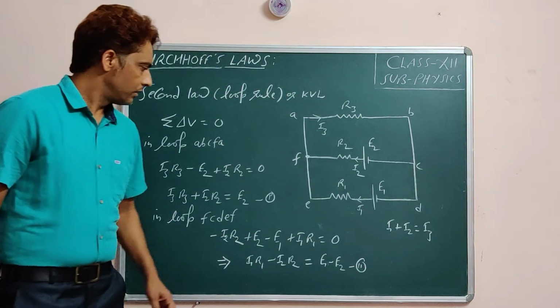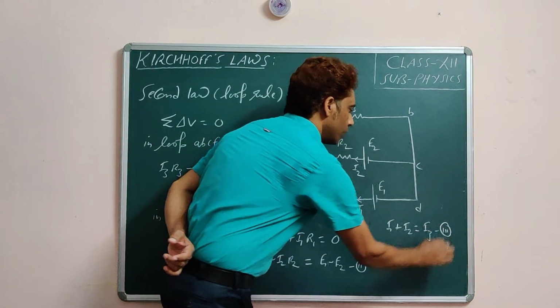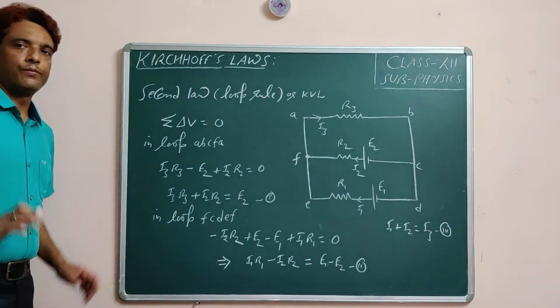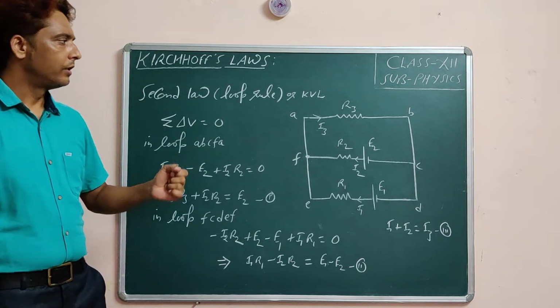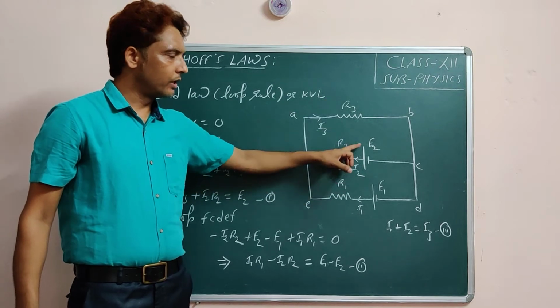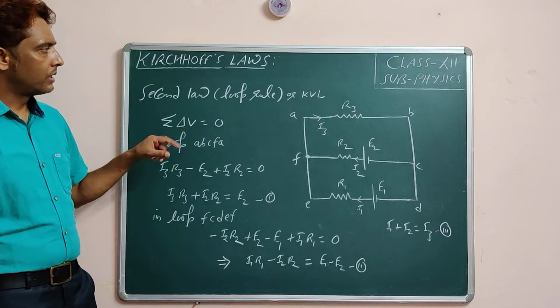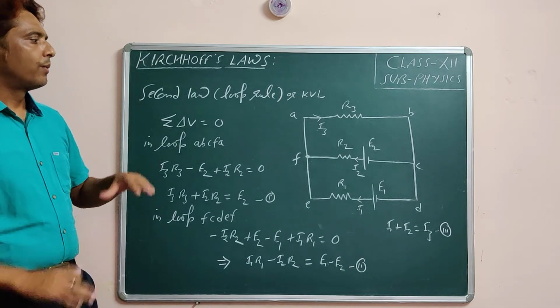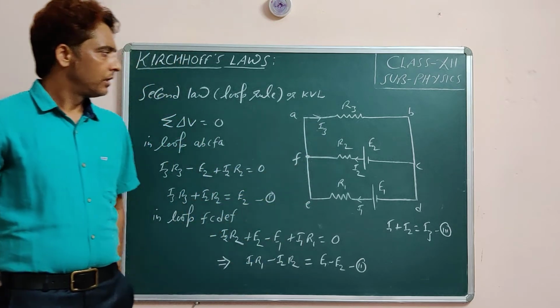So using this first, second and this third equation, we can find the value of I1, I2 and I3 if the values of R1, R2, R3, E1 and E2 are known. So in this way, this Kirchhoff's second rule is applied for finding currents in different branches of the circuit.